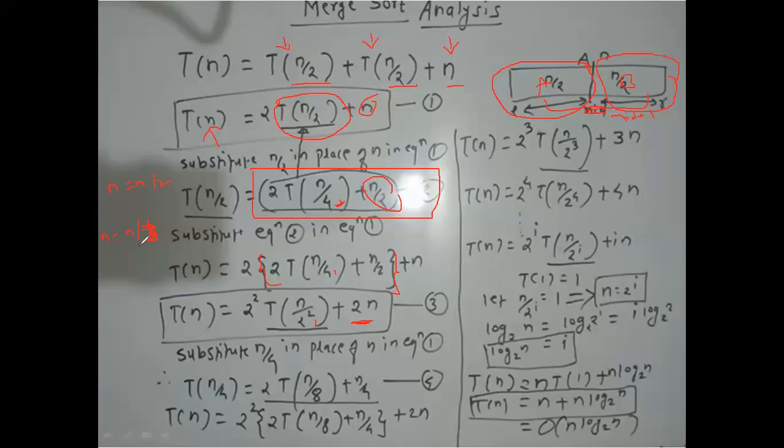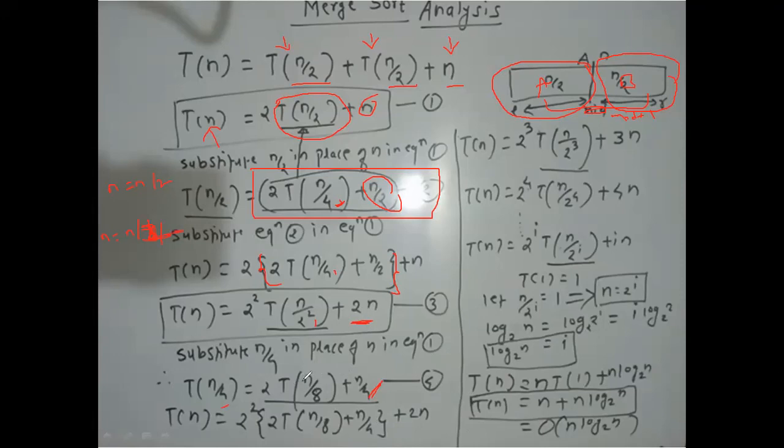So substitute here the next n by 4 value. Substitute the n by 4 value in equation 1. Here in the n place we get the n by 4 value. In n by 2, 4 into 2 is 8. 2T of n by 2 in n by 4. Instead of that, I am substituting the value here, n by 4.